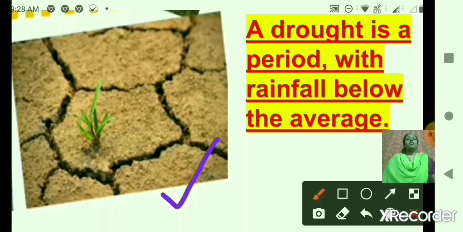Okay. Now what is a drought? A drought is a period with rainfall below the average. That means rainfall is very, very less in some places.